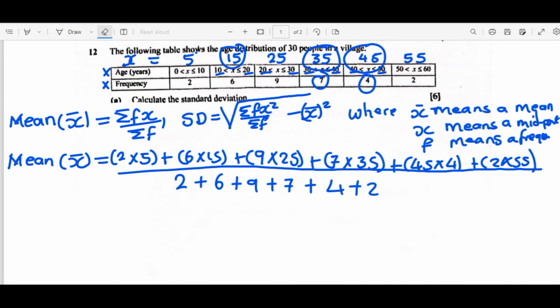Then from here we know that we just have to use the calculator. The calculator will do its work.